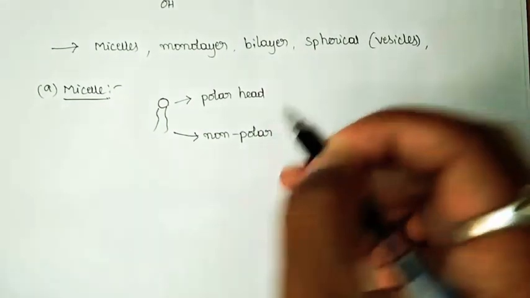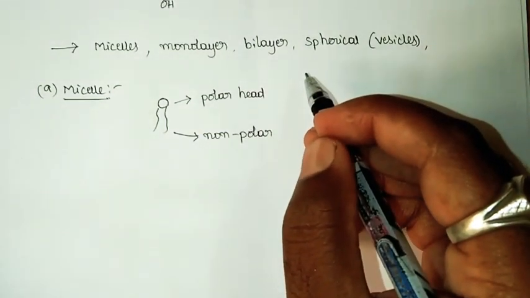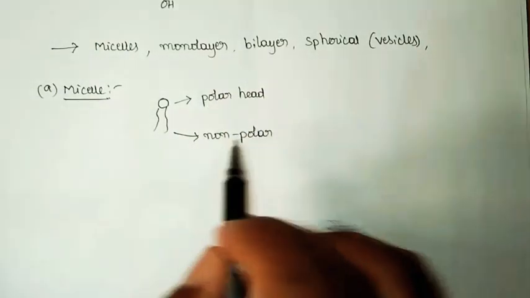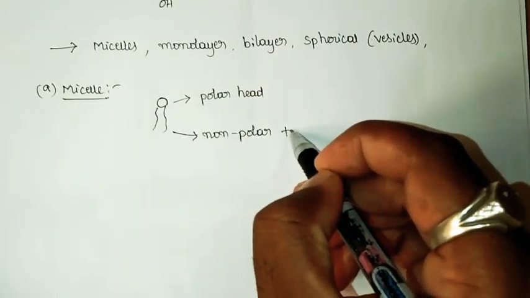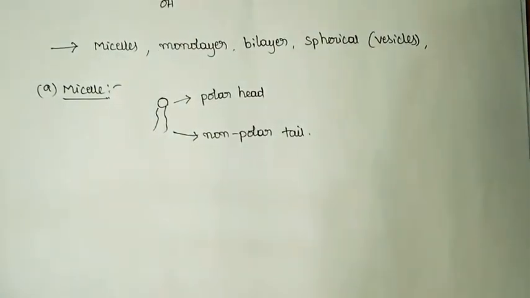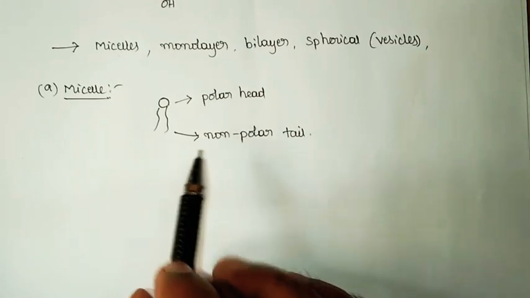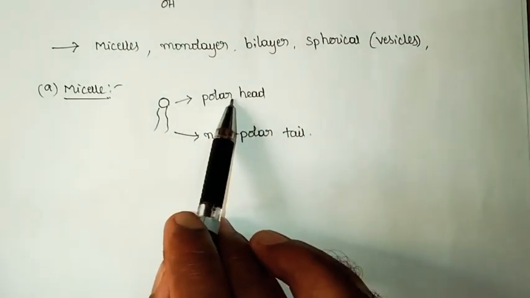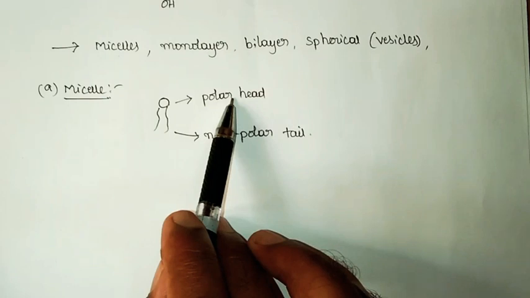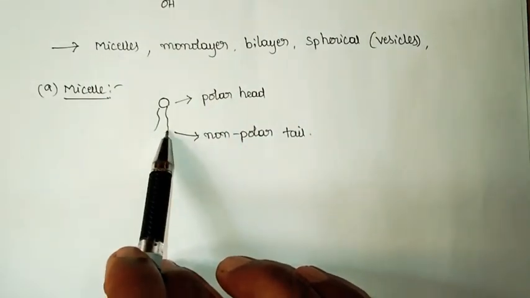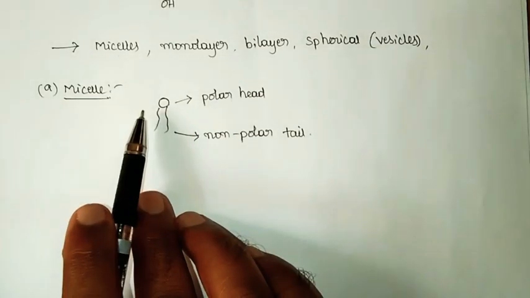So as we said, phospholipid molecules are amphipathic in nature. So we have both polar and non-polar groups. So when a phospholipid molecule is brought in contact with water molecules, this polar head will always tend to face towards the water molecules, and these hydrophobic tails are forced to move away from the water molecules.